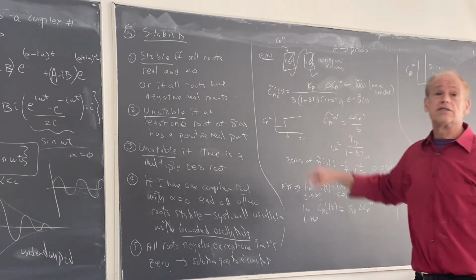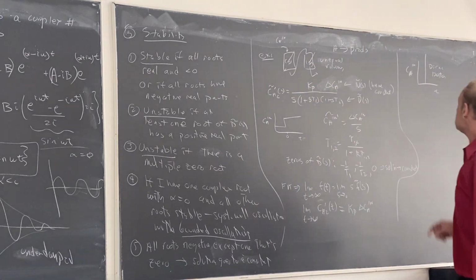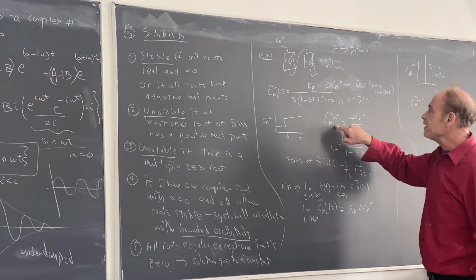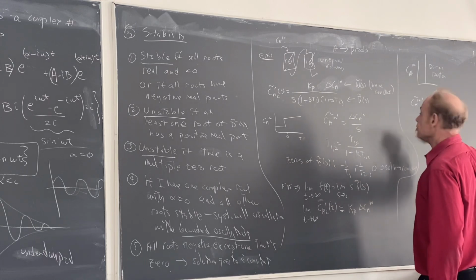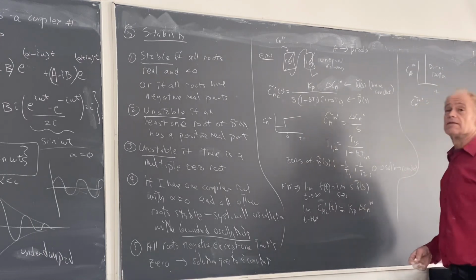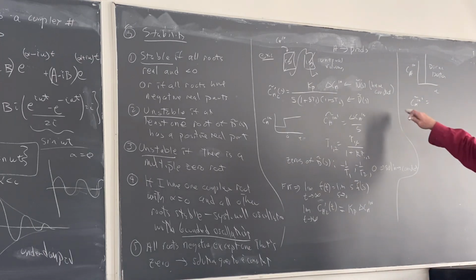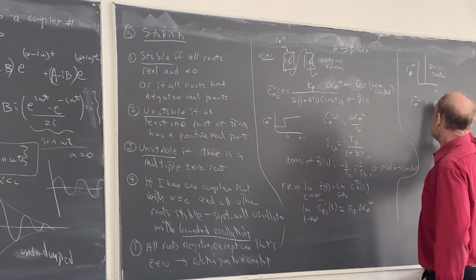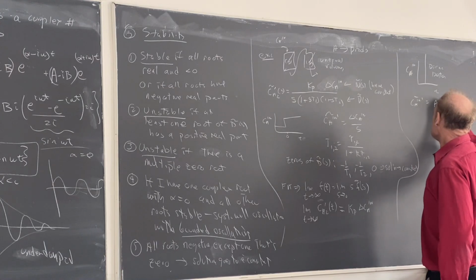Instead of this, well, in that case, CA in prime tilde is just equal to a constant, the Dirac delta times something. So it's A times 1.